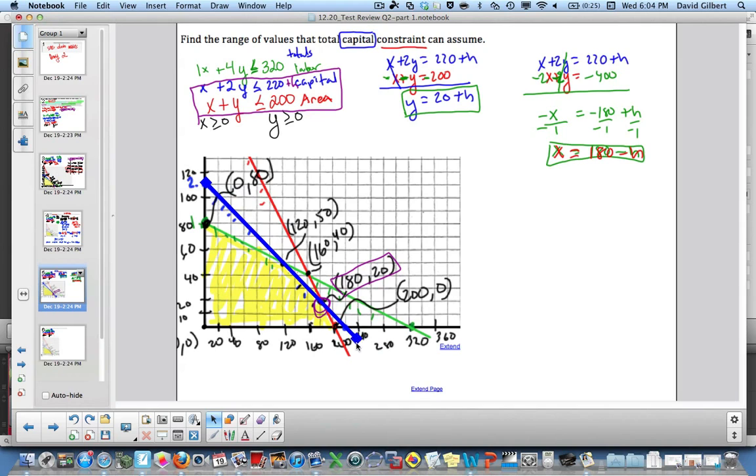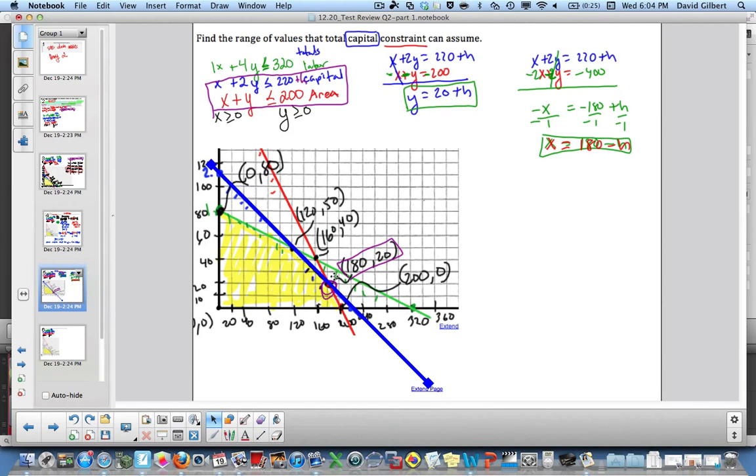Alright, so here we go. When I draw the right line here, alright, beautiful. When I add h to this, that essentially is like sliding that up, right?